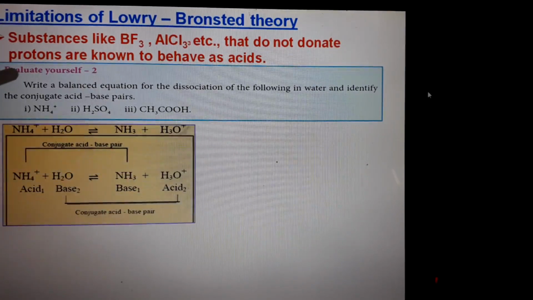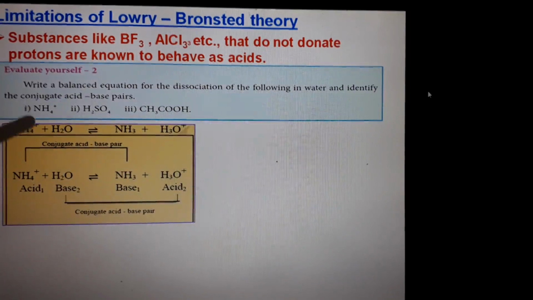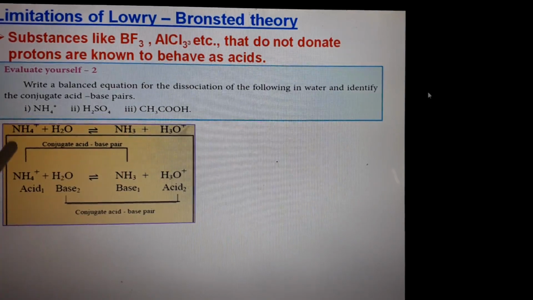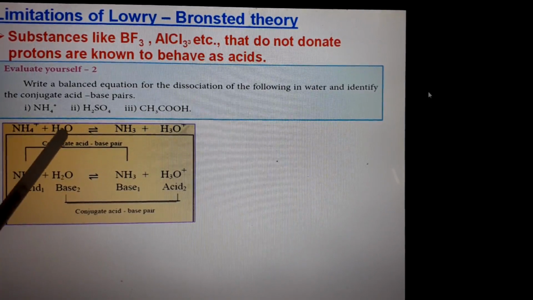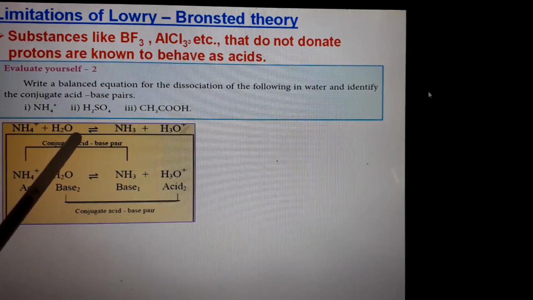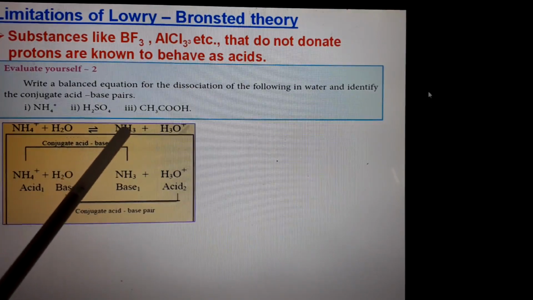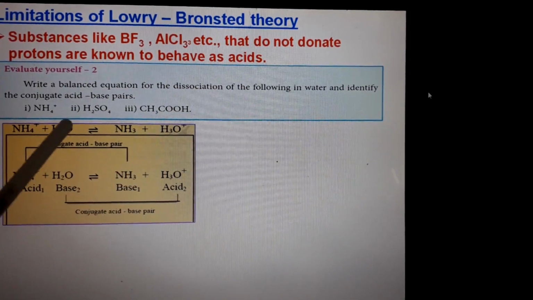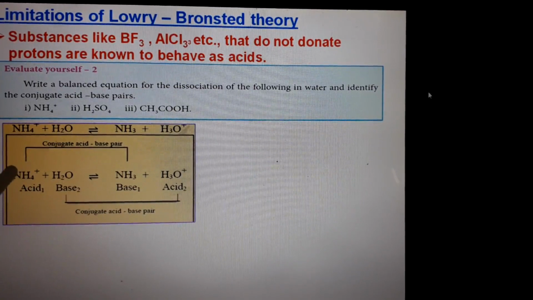Next, evaluate. Second evaluation. First, ammonium ion. Write the equation. Ammonium ion plus H2O gives ammonia and then H3O plus ion. Which is the conjugate acid base?